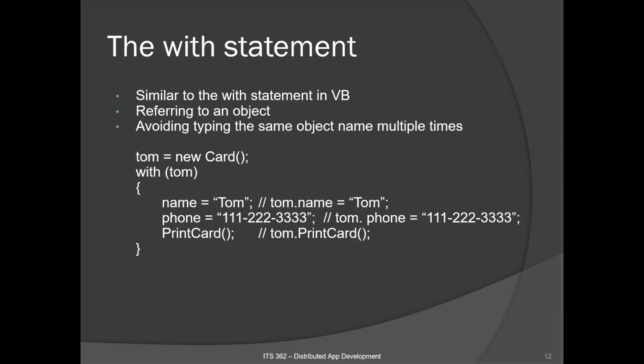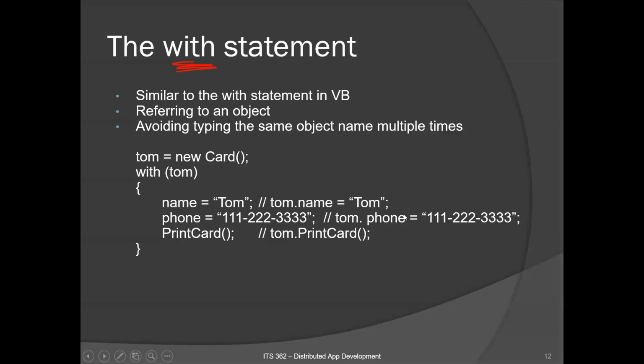The with statement, this is kind of an aside, but it's something that should be handy. Other languages have this as well, like VB, Python, etc. It's just a way of grouping things, referring to an object, avoiding typing the same object name multiple times, right?